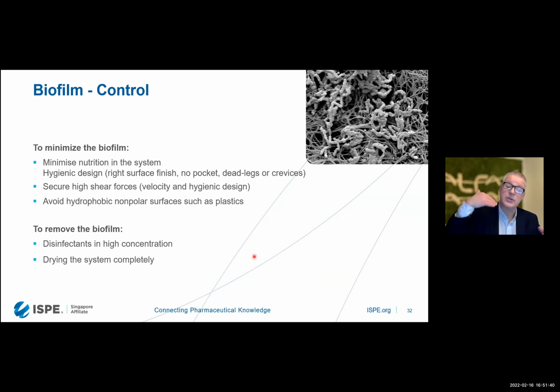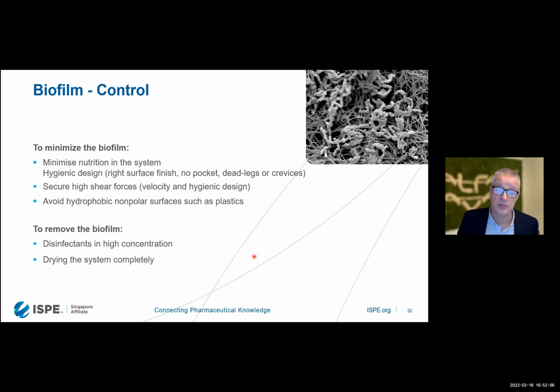You should also secure high shear forces, so you remove the biofilm from the surfaces. And also avoid hydrophobic non-polar surfaces such as plastic material, because that has a tendency to attract the bacteria to the surfaces, and it will be slightly more difficult to remove them with high shear forces or velocity.